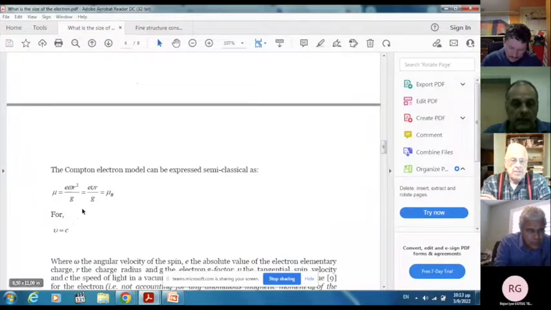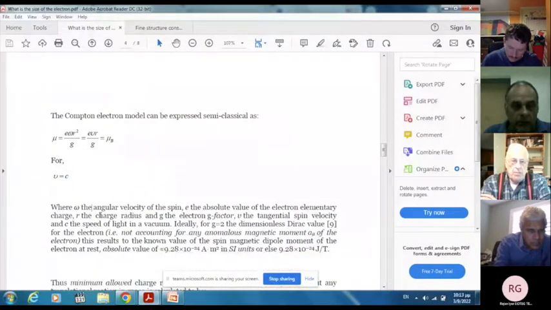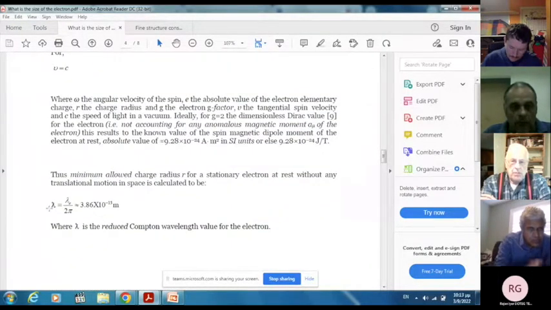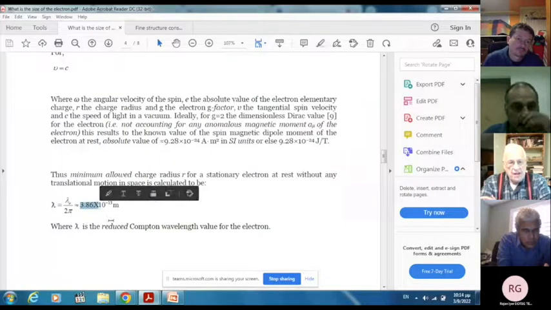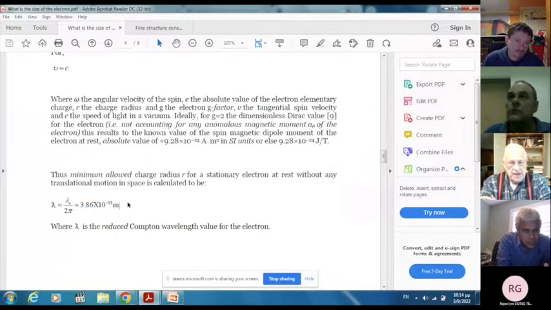So if you put the tangential velocity equal to the speed of light in the vacuum, the radius for which this can hold is the reduced Compton wavelength. It's the wavelength divided by 2 pi, and it's 3.86 times 10 to the power of minus 13.